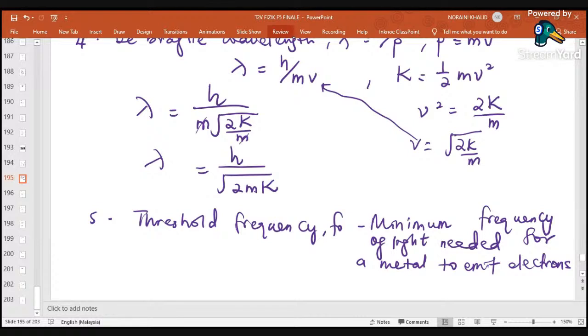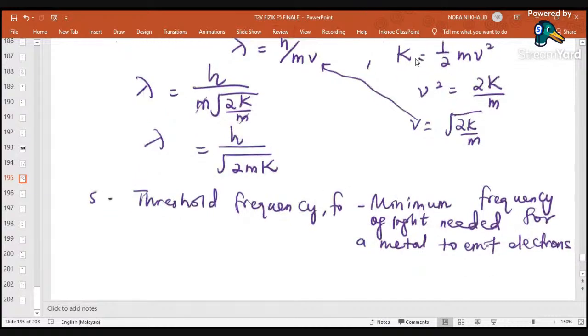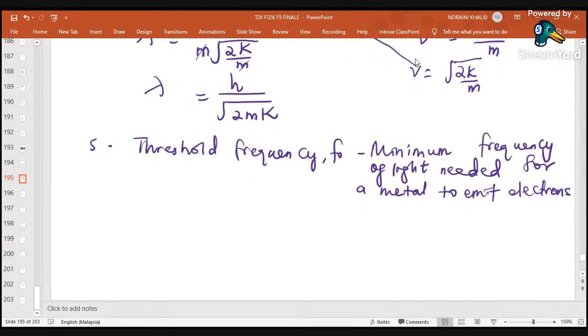Say we have the graph, intensity against voltage. You can see the value of voltage here.